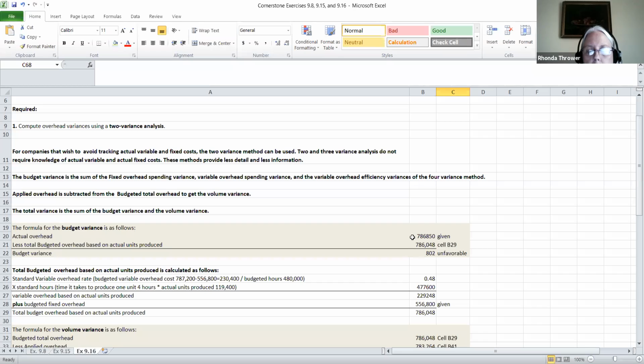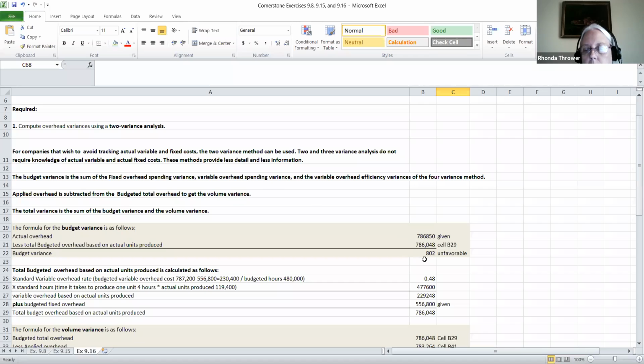Then you're going to compare the actual overhead to the budgeted overhead. Because the actual is more than the budget, it was an unfavorable variance of $802. Or you could go back to the previous exercise and add together the fixed overhead spending variance using the four variance analysis, the variable overhead spending variance, and the variable overhead efficiency variance.